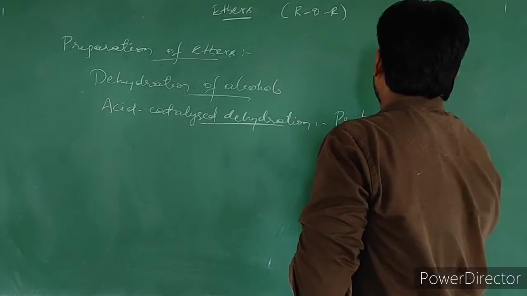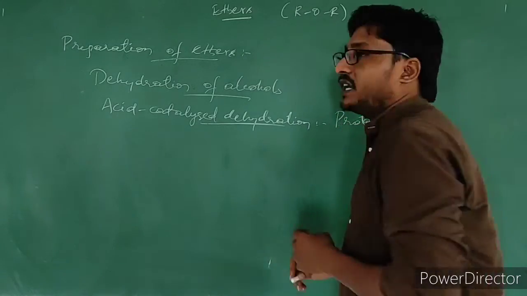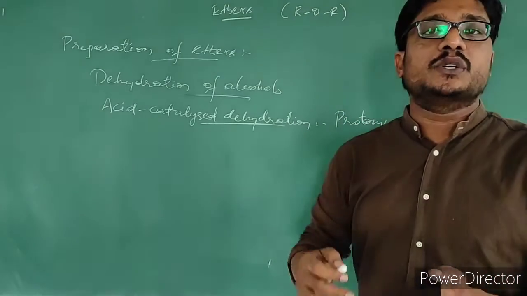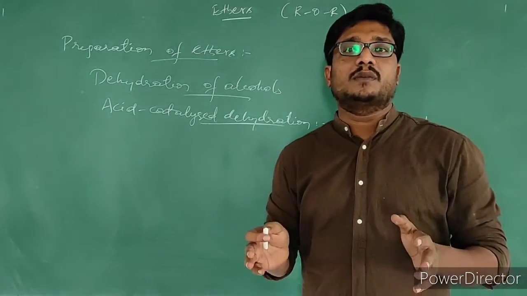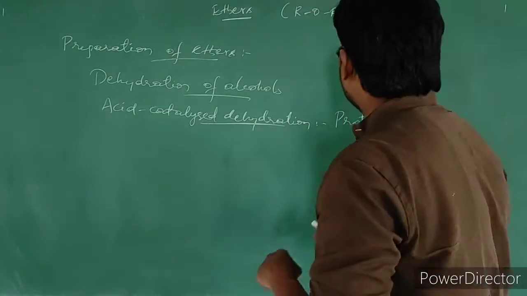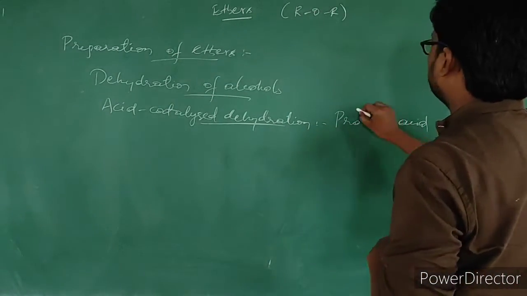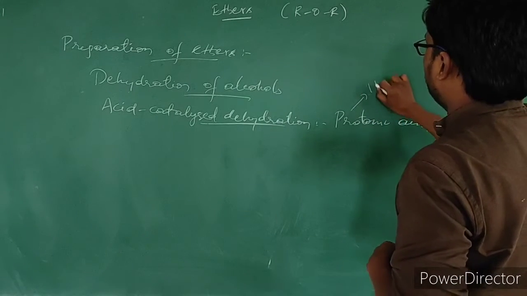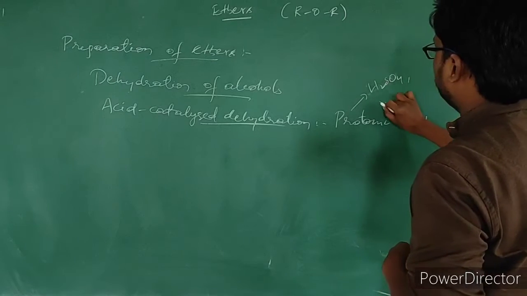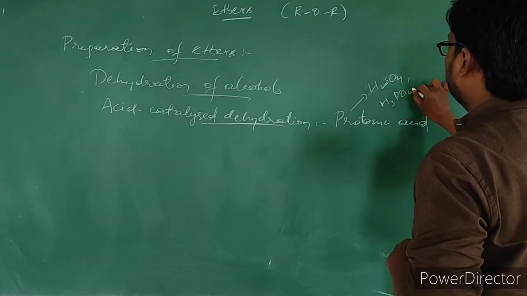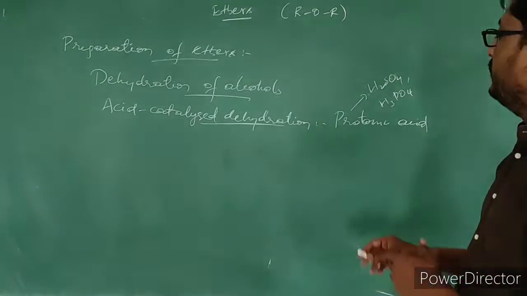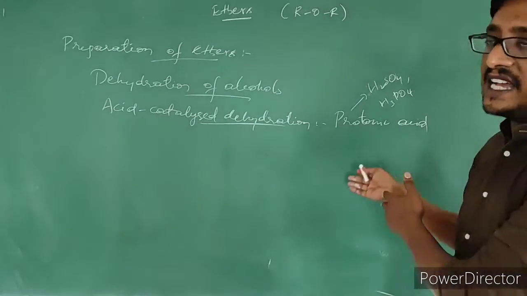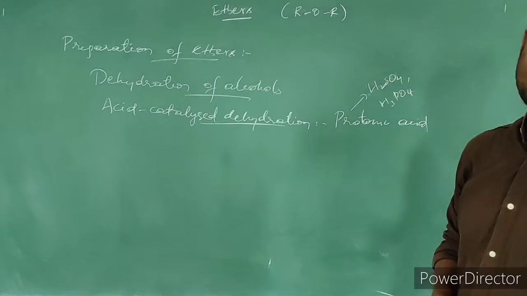What are protonic acids? Acids which give H plus ions we generally call protonic acids. Examples are concentrated H2SO4 and H3PO4; these are protonic acids.